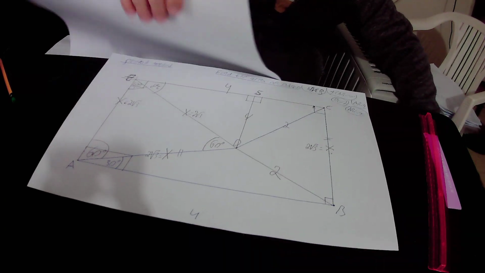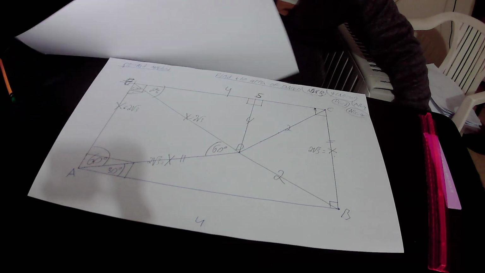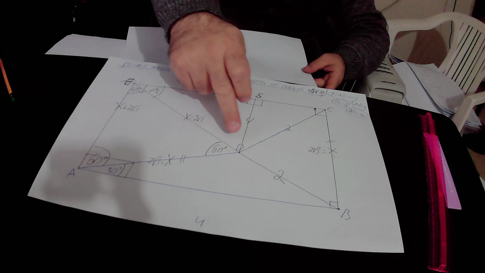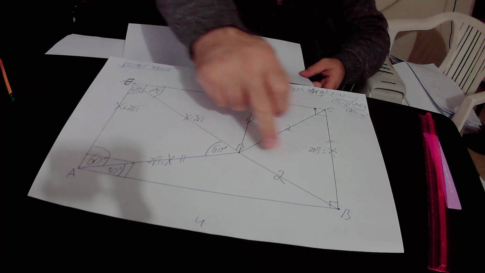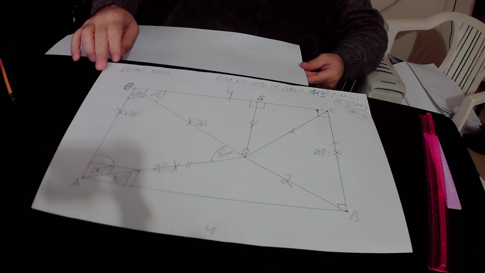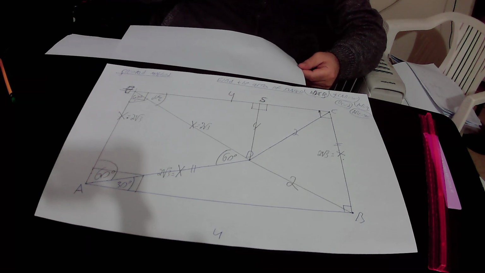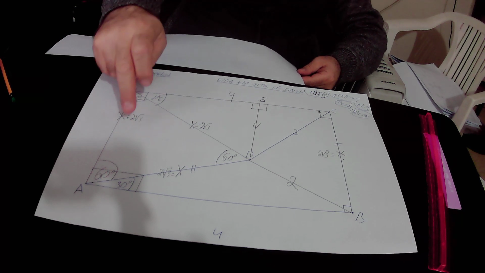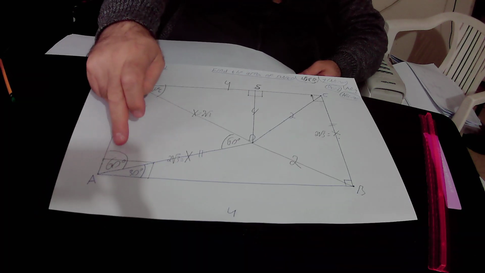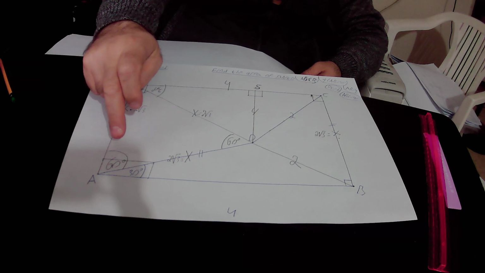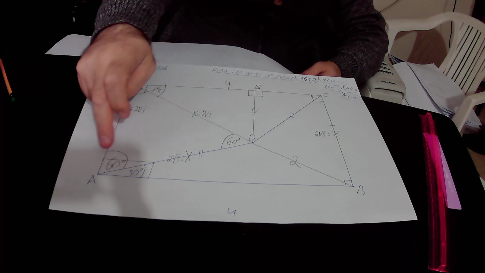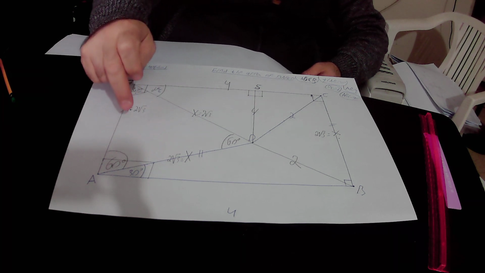Then in the next step, we join points E and D together by a straight line, and we join points D and B by a straight line. Here it is given in the question that angle DAB equals 30 degrees.